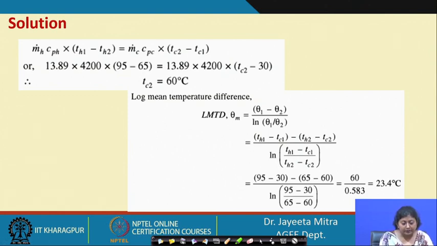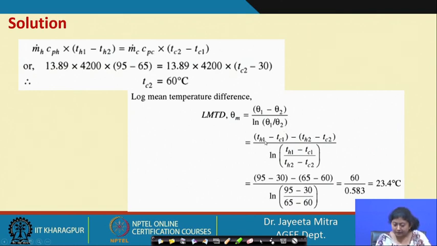Now, if we want to calculate the area, for calculation of the Q we need the temperature drop between the two fluids, okay, and we need to find then the log mean temperature difference between these two fluids. So, the log mean temperature difference we have calculated, we can do otherwise like theta 2 minus theta 1 divided by ln of theta 2 by theta 1, it will come same.